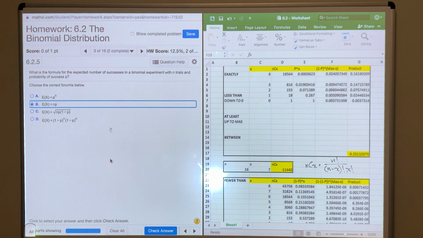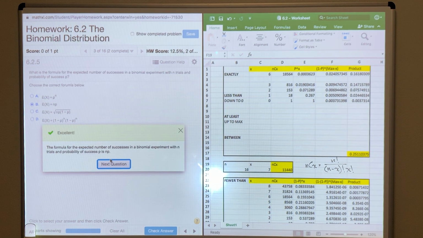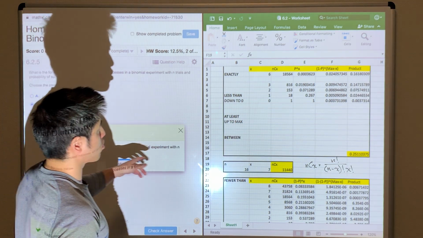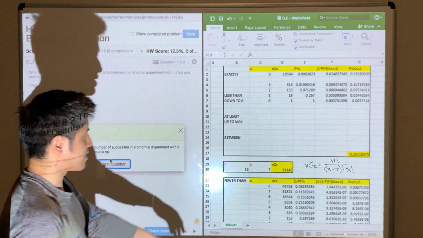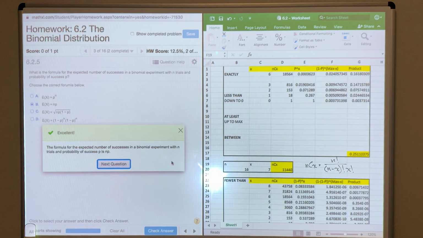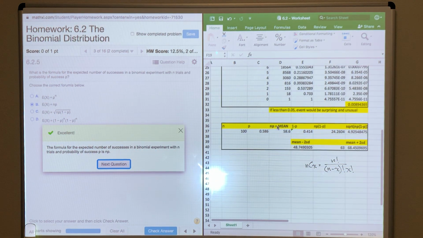Now, one thing to also note, and it's in your notes, is that your expected number of successes in a binomial experiment is also known as your mean, okay? You'll see later on, we're going to get to it, n times p is the mean. I'll reference that later.